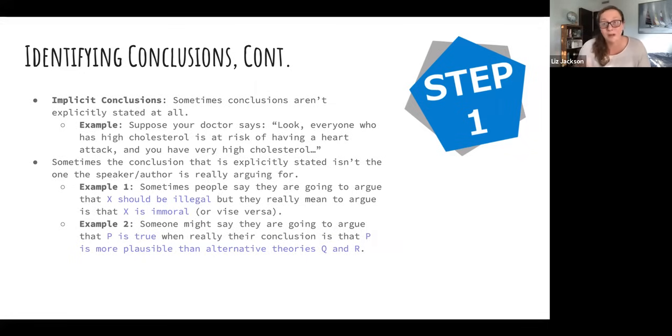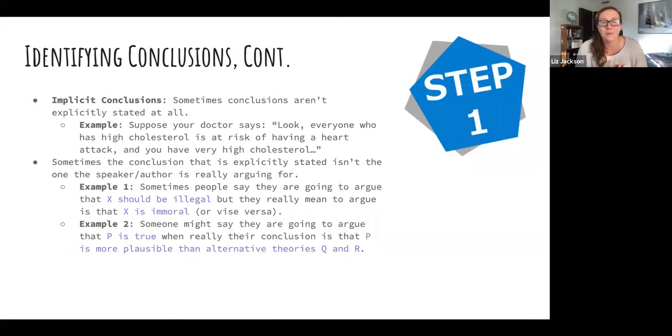I do think you need to be careful here, and in most cases we should take the author's word for it and assume they're really trying to argue for the conclusion that they say they are. But in some cases, they might give conflicting reports of what their conclusion is, and if most of them are this other thing, but then once or twice they say this first thing, maybe we should go with the thing that they say more. Or sometimes, to be charitable, we might say, you've said this stronger thing, but your arguments really seem to support this weaker thing.